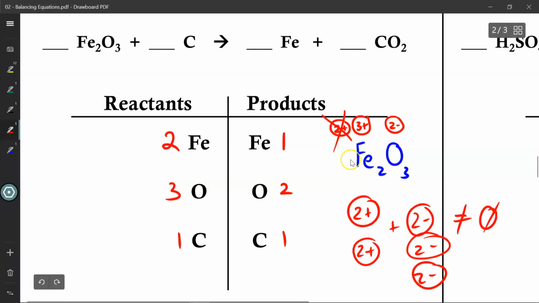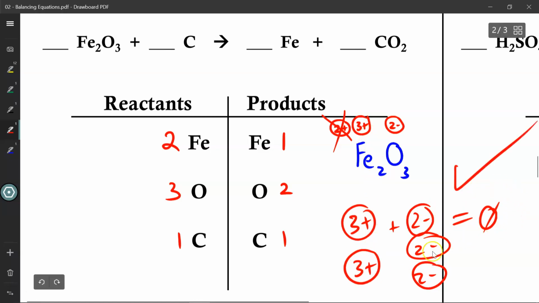Because 2 of the 2 pluses added to 3 of these 2 minuses does not add up to 0. We're missing electrons. But if iron was a 3+, and we have 2 of them, now 6 positive, 6 negative does add up to 0. And so, each electron lost has found a new home.